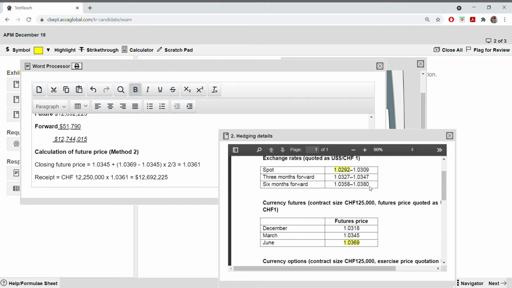Okay. Because for forward, this was the rate I used. So again, you don't have to think this, that, or this. I'm going to compare 1.0292 with this rate, 1.0369, the June future. Okay. And I also follow the second method because I feel it's much easier. You just compare the opening future with the spot. It's much easier because we have been taught that way by the BBB textbook.